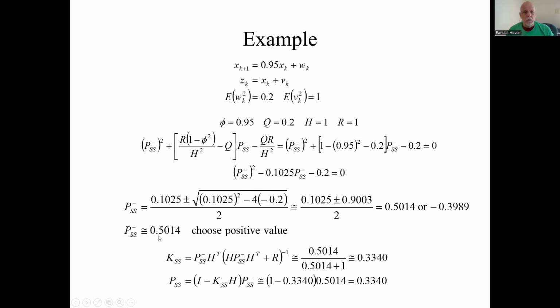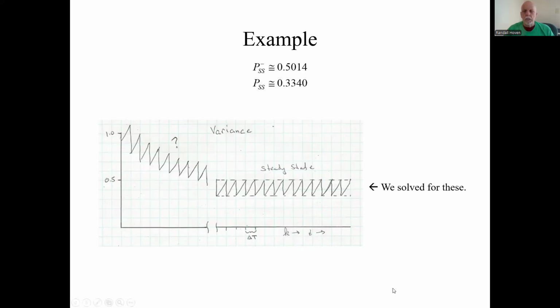That's what these two numbers are. This is the upper value, and this was the lower value. And you could also analyze your system this way. This predicts, without you actually processing any measurements, how accurate your filter is going to be. And that's it for just the Kalman filter.